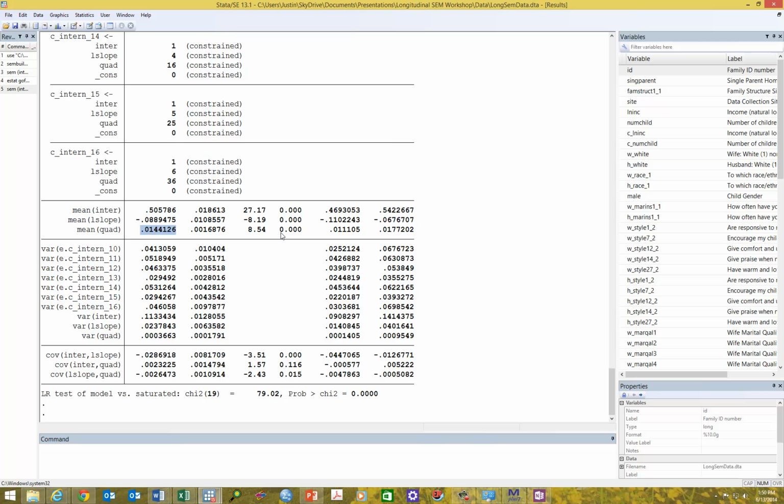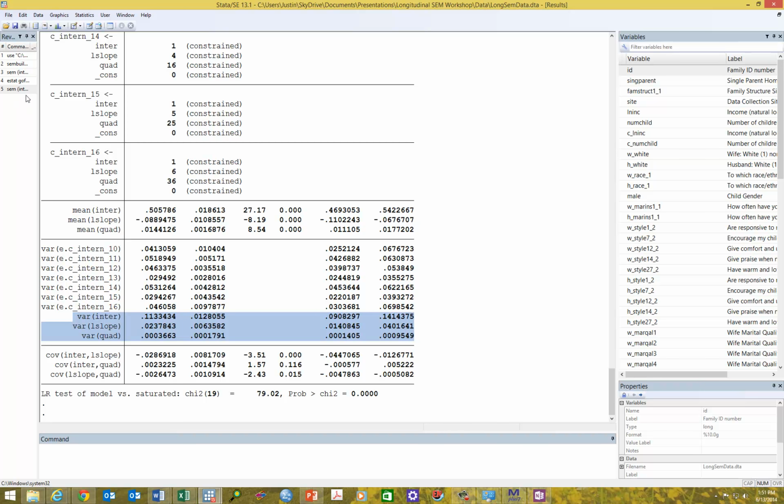Sometimes when you add in the quadratic slope, you'll see the intercept and the linear slope don't change at all, but this has really changed our model quite a bit. Again, the intercept wouldn't change, but the linear slope changed quite a bit, indicating that there probably really is some curvilinear growth going on here. And again, here we have the variances of those.